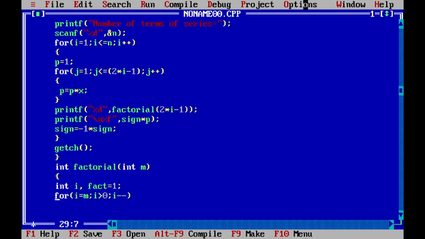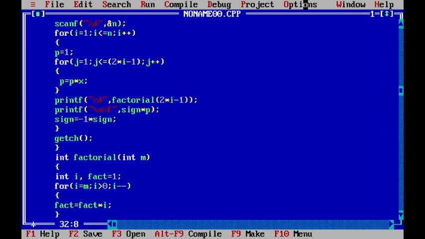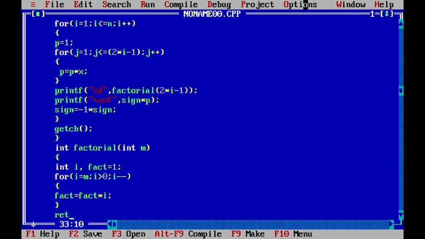Fact is equal to fact star i. Okay, and then we want to return fact.